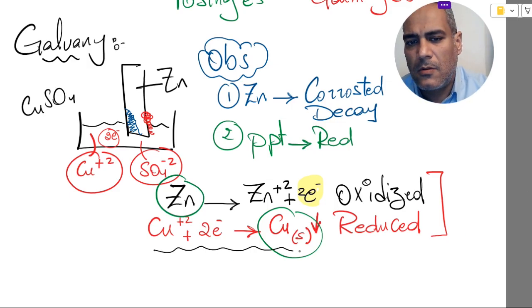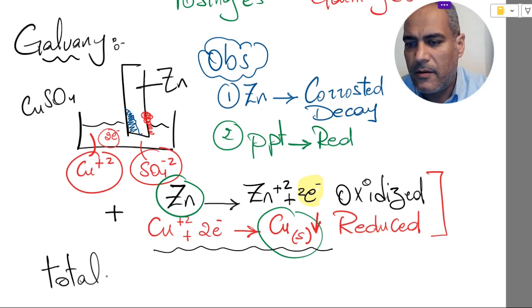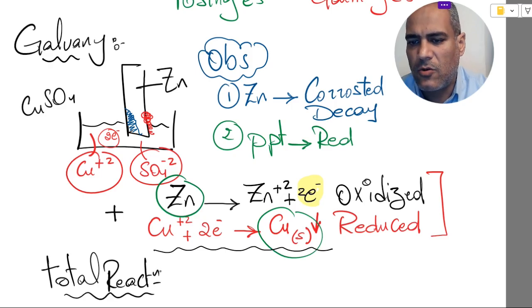We have to add the two equations to make what is called the total reaction. What is the total reaction? By making the total reaction, we exclude these 2 electrons and put the arrow on the same side.